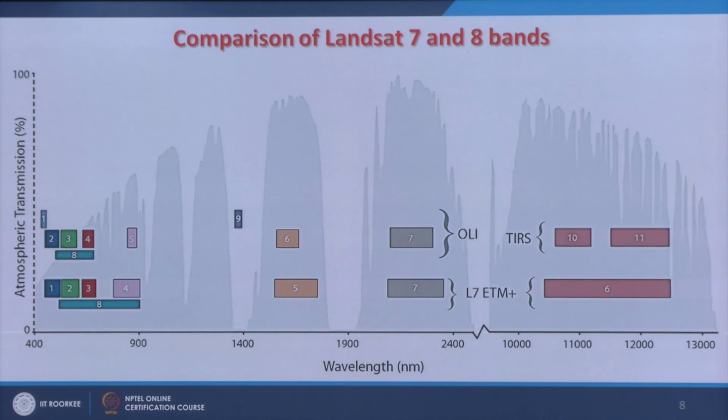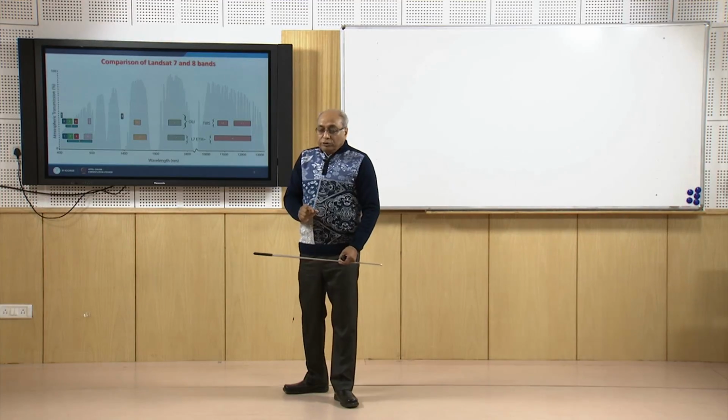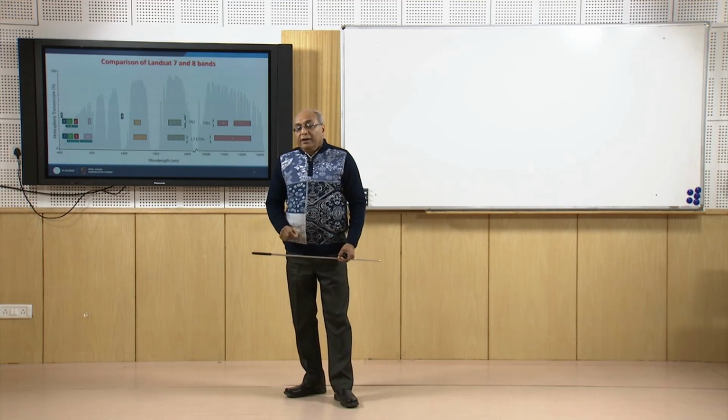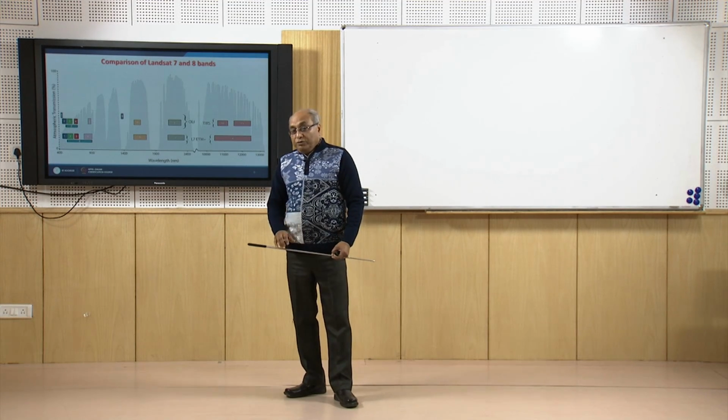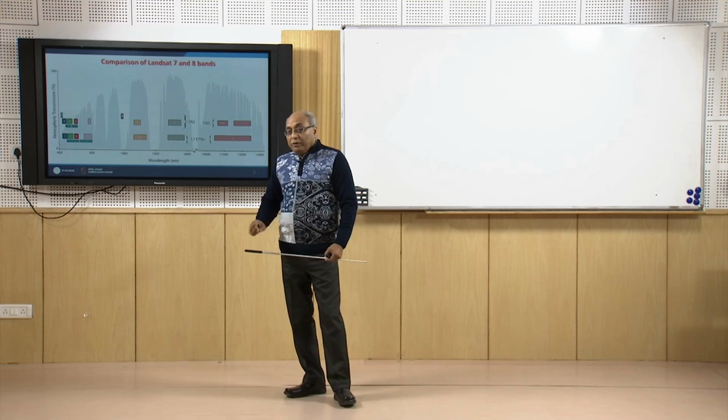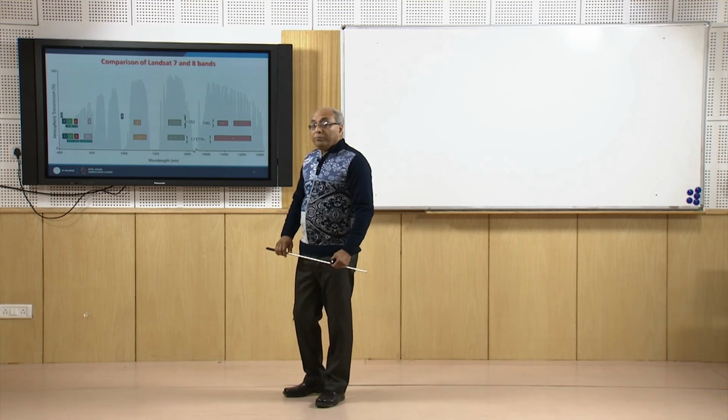And also, if you see very carefully, you would find that all of these channels which were in Landsat 7 have further improved, and these channels have become further narrow. The advantage of having narrow channels is that you can discriminate minute changes in different objects present on the earth very easily compared to having broad channels.